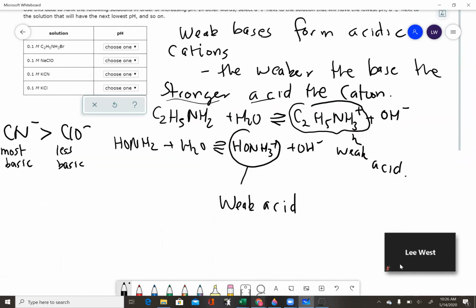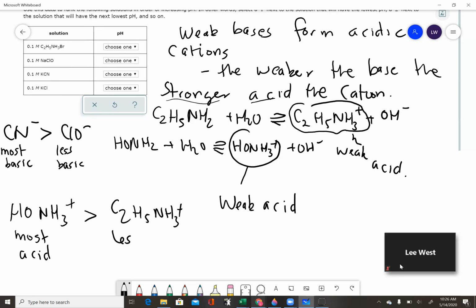So what that's telling me is that HONH3 plus is most acidic, and C2H5NH3 plus is less acidic. Okay, so we're getting there.